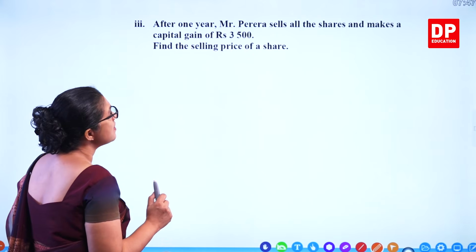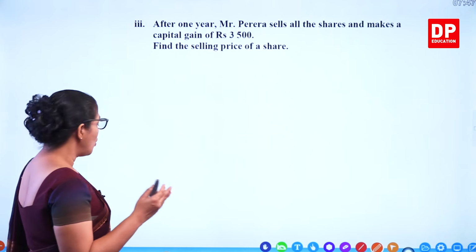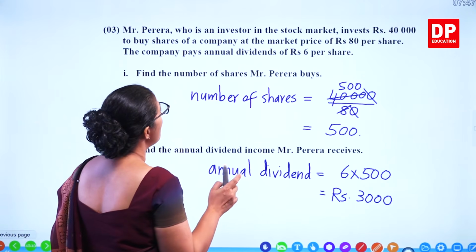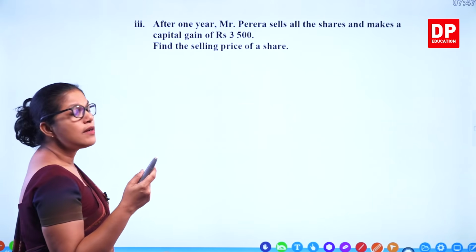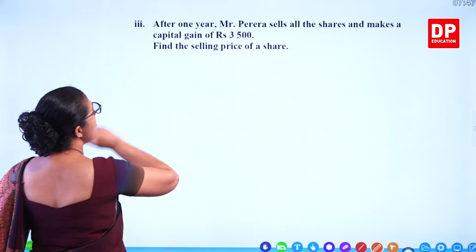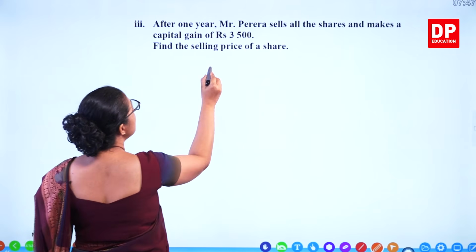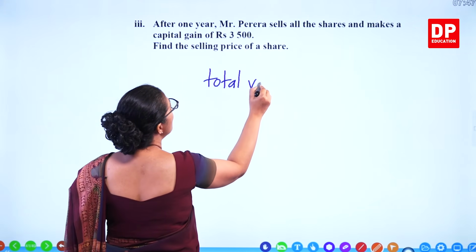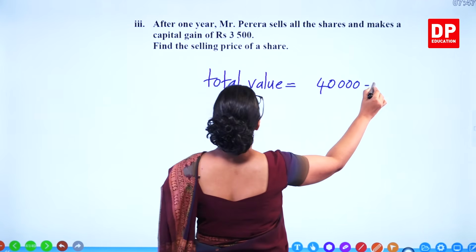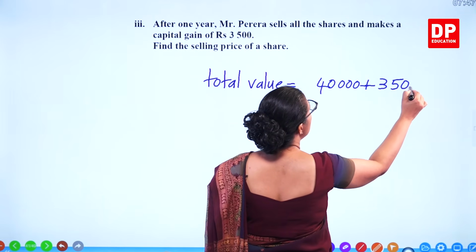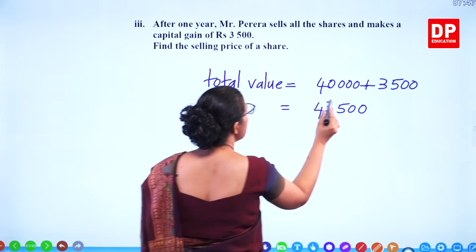After 1 year, Mr. Perera sells all the shares and makes a capital gain of 3,500. Find the selling price of a share. So here, from the previous part, he invested 40,000 and gained 3,500 from that. So how do you find out the selling price of a share? So the total value is 40,000 plus 3,500, and that's 43,500 rupees.